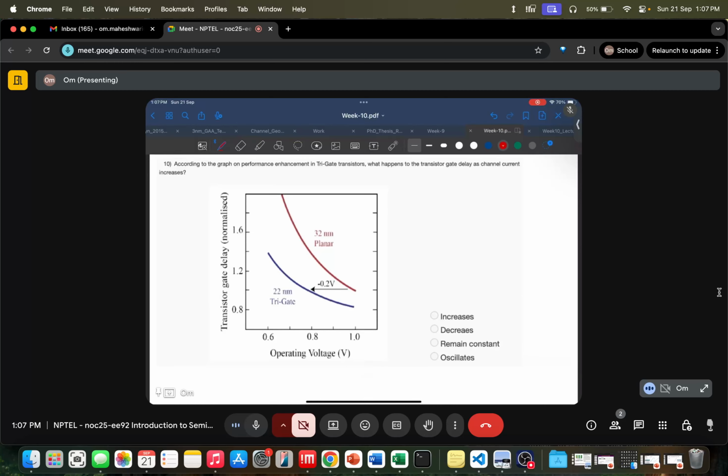Again, we have seen this: delay is CV by I. So if I is increasing, the delay will reduce, which is option B, decreases.